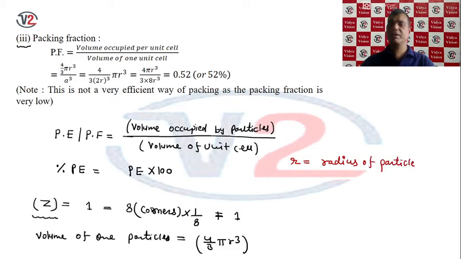Is it clear? Now, what is the volume that is occupied by the particle? First we determine the number of particles in one unit cell, that is equal to 1, and the volume of one particle is 4 by 3 pi r cube.